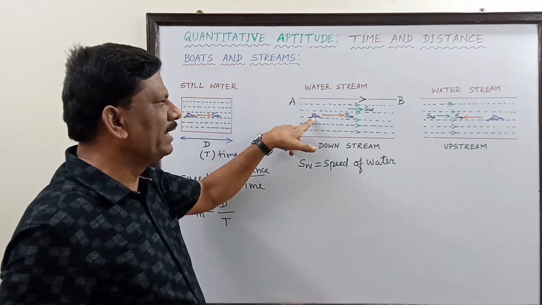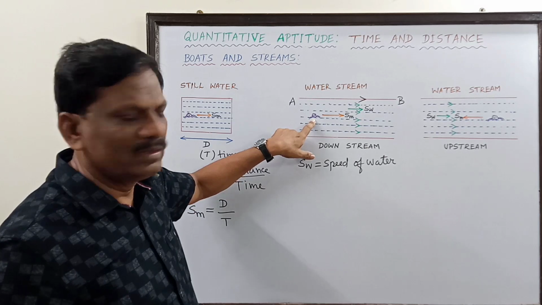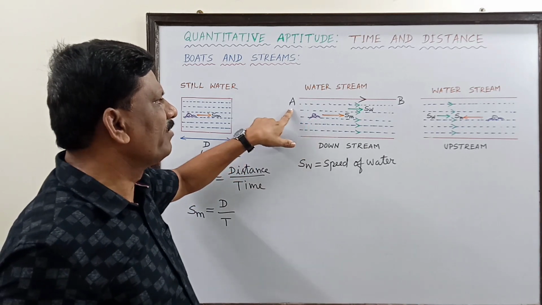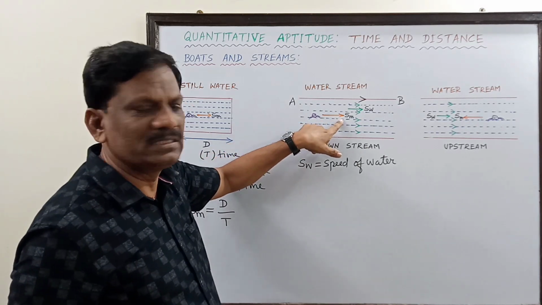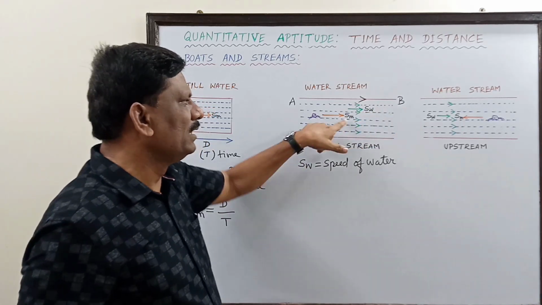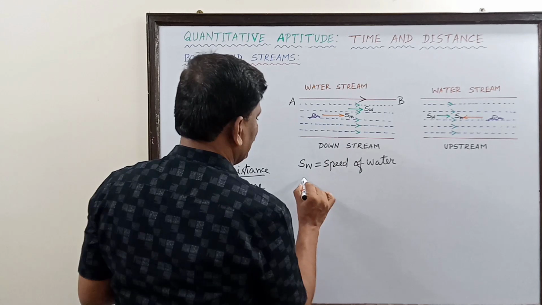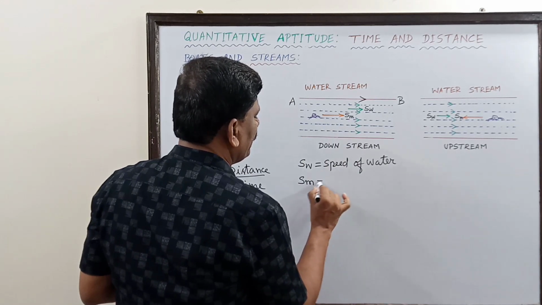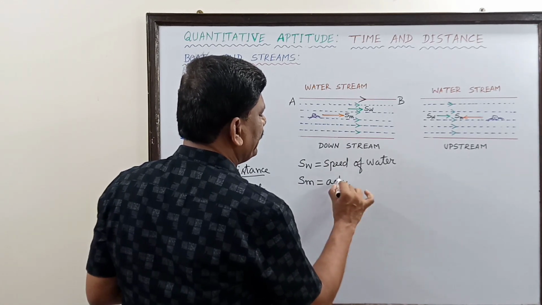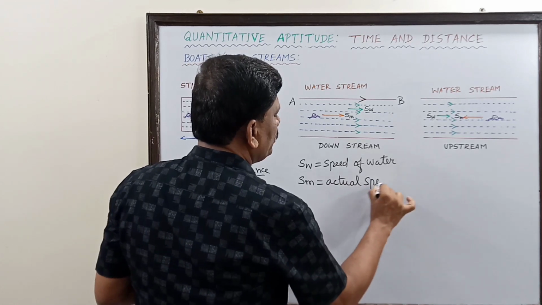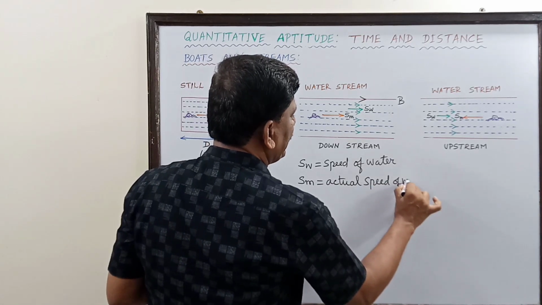And you can see a man is now swimming, and he is also moving from A to B. See, the direction is from A to B, and his original speed is Sm. So this is the actual speed of the man.